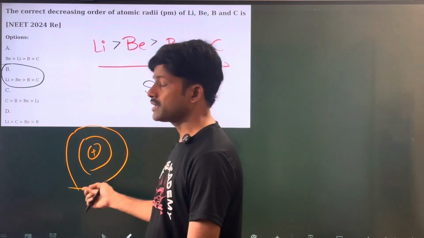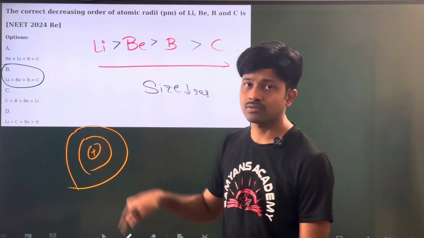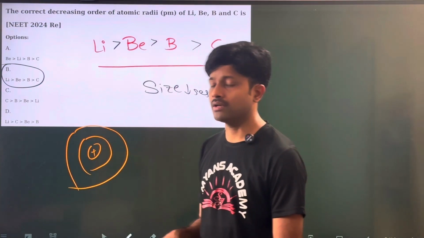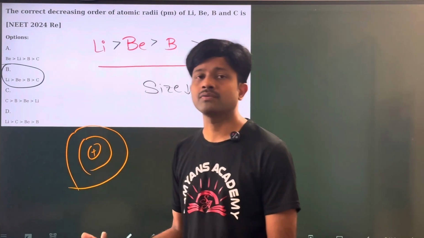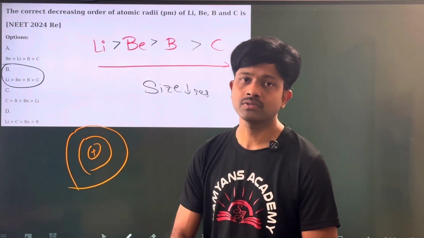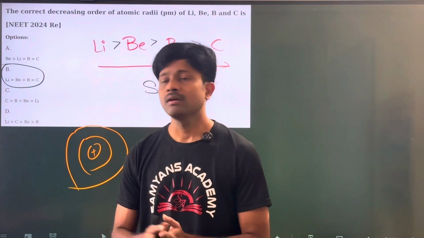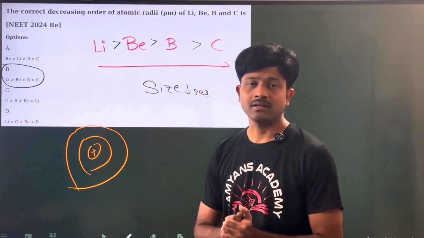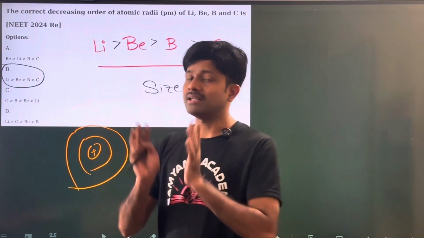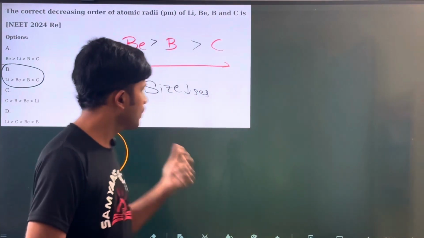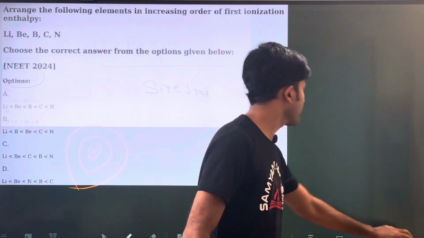As the electron number increases, the proton number in the nucleus also increases. So the magnitude of nuclear attraction force between protons and electrons increases. As a result, size decreases. Is it clear, everyone? Then move on to the next one.